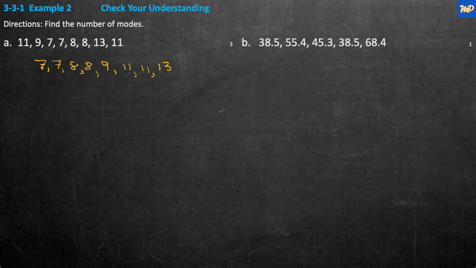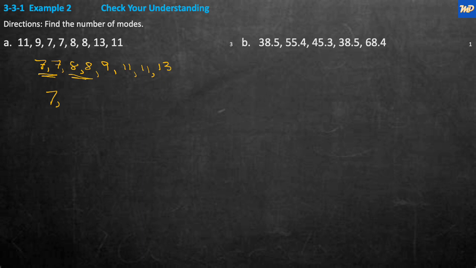Okay, what are the modes, if any, and what are they? Well, it's the numbers that occur the most times. And if there are multiple values that occur the same number of times, then they're both considered modes. So in our case, the 7s are a mode.